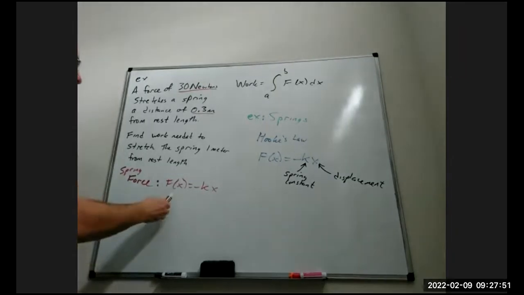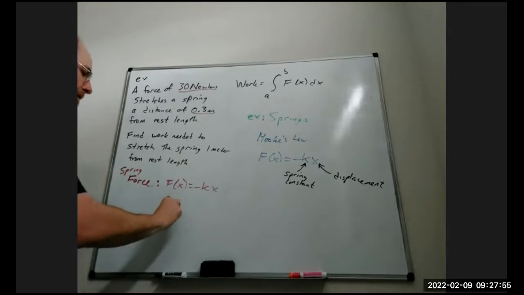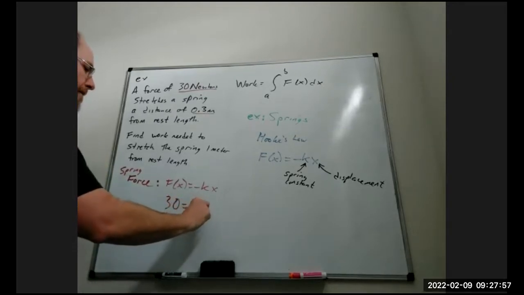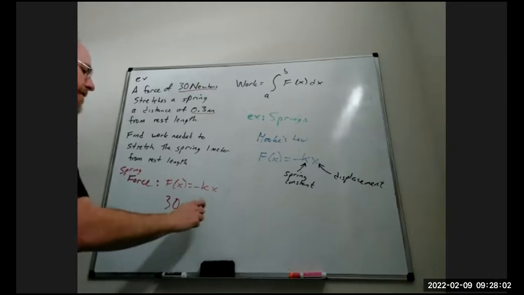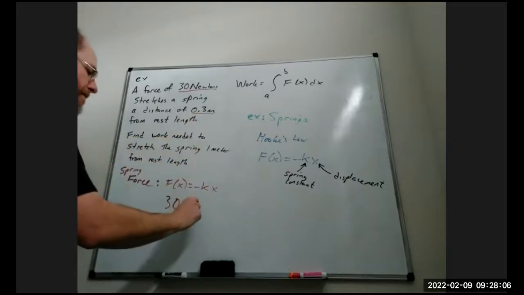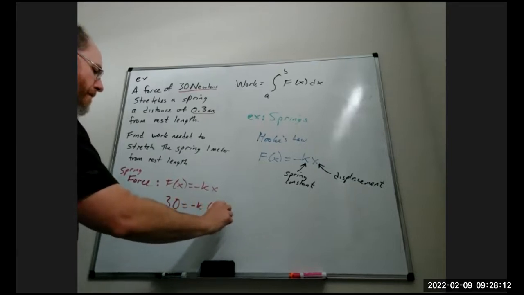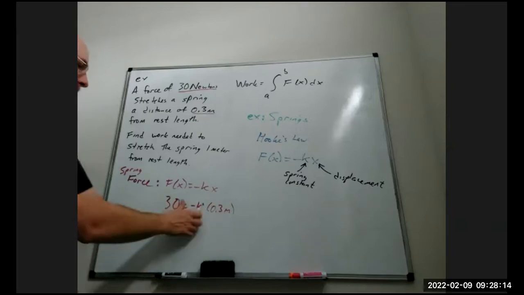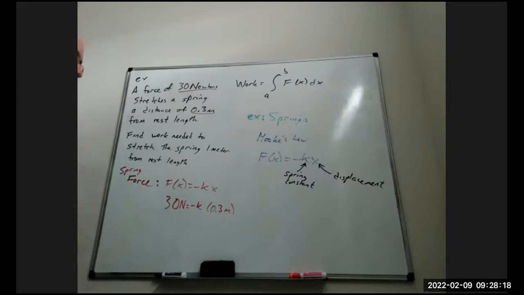So we know that when that force of 30 newtons is applied, then we go a distance of 0.3 meters. Okay, so 30 newtons gives us negative K of 0.3 meters.